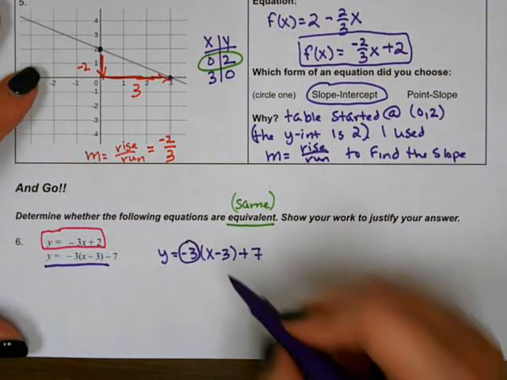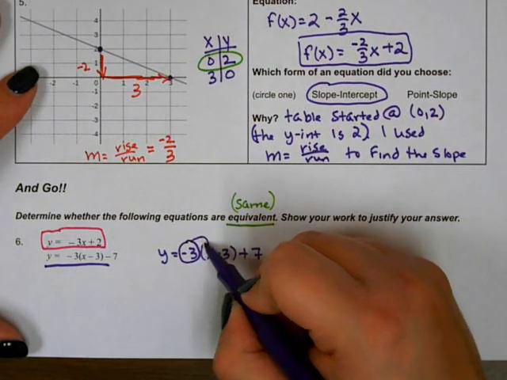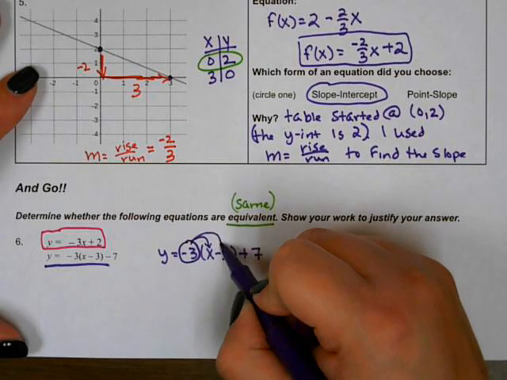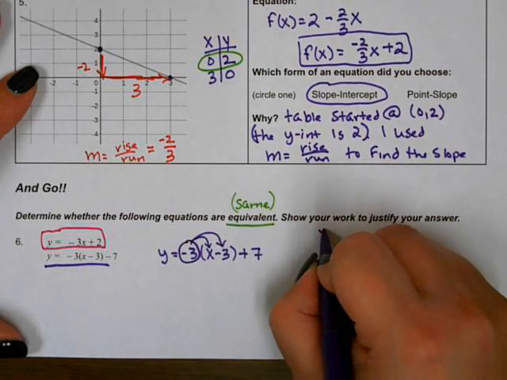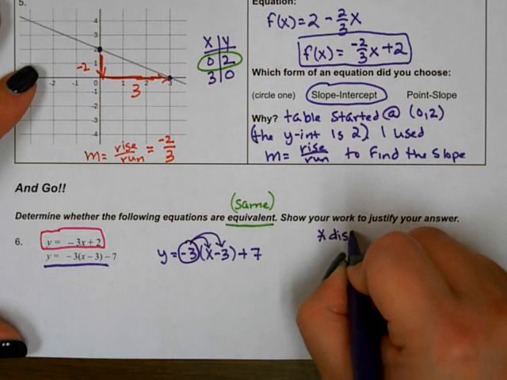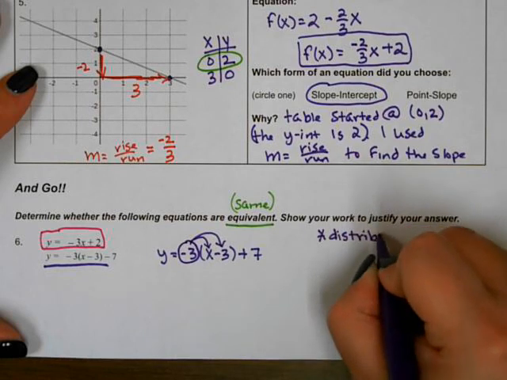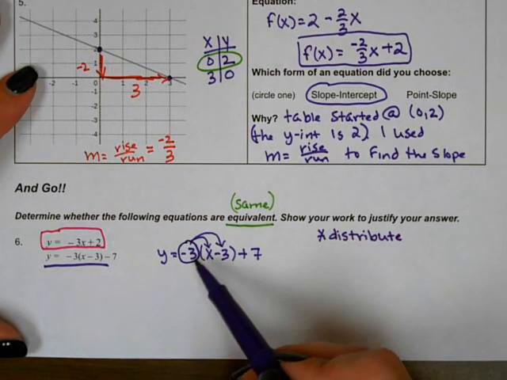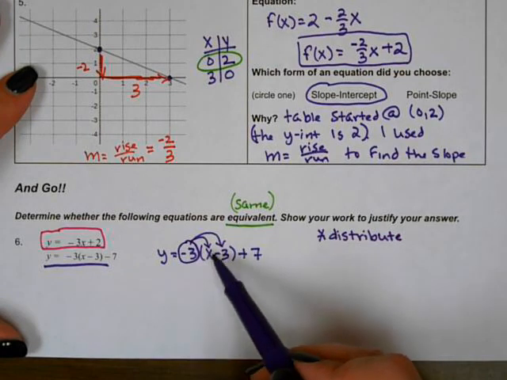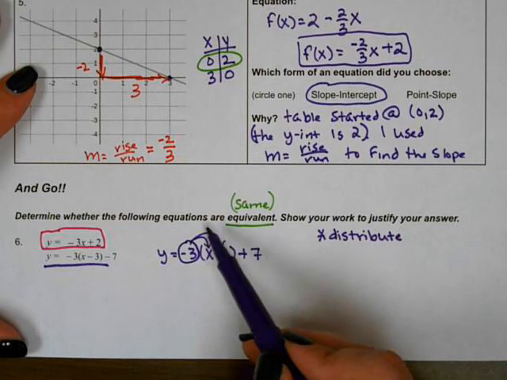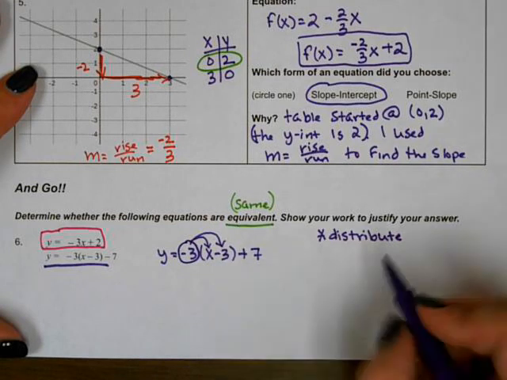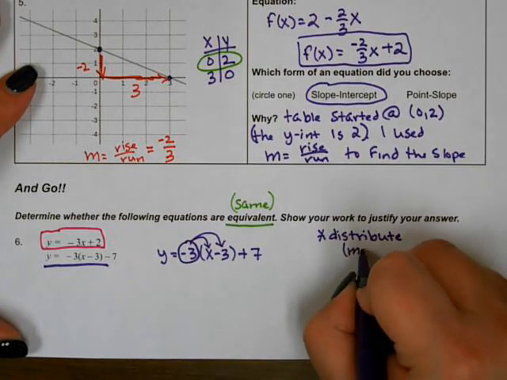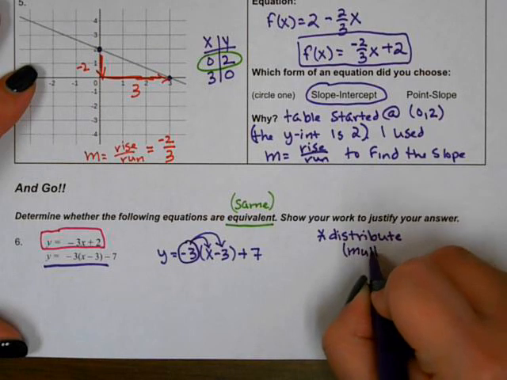So we're going to take that negative 3 and we are going to distribute it inside the parentheses. So when I say distribute, it means that we're using the distributive property. So we're taking this negative 3 and we're going to give it to the x, and we're going to take this negative 3 and we're going to give it to this negative 3. And the operation that we're going to use is we're going to multiply.